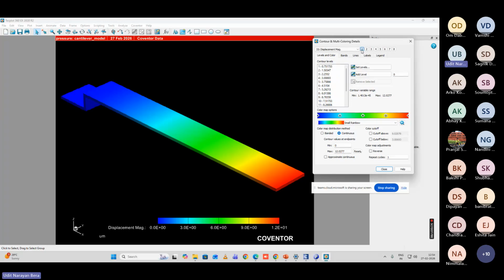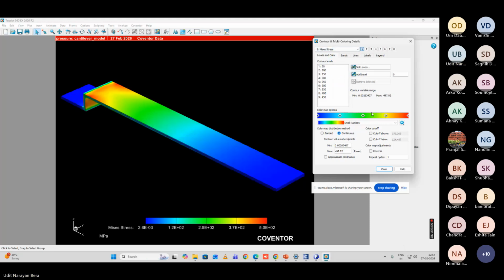Similarly, you can check where the stress is generating. You can see it is exactly opposite to your displacement or deflection. The stress is very less, almost near zero at the free end, but at the fixed end, it is very high.